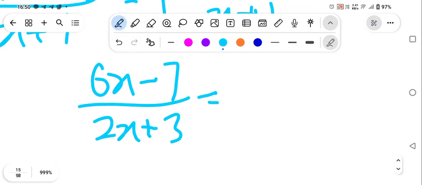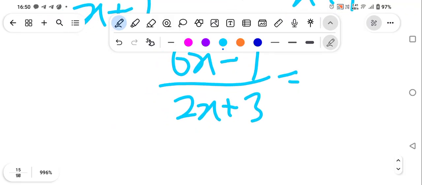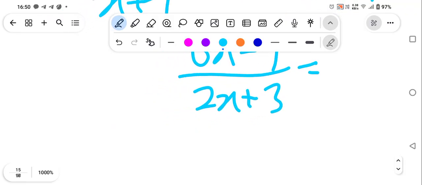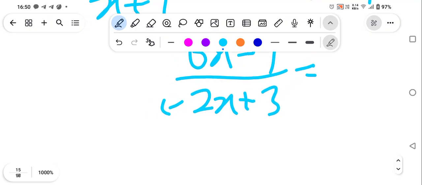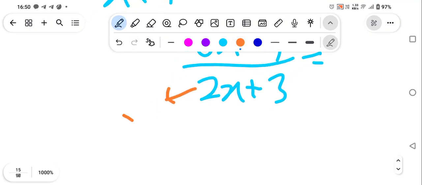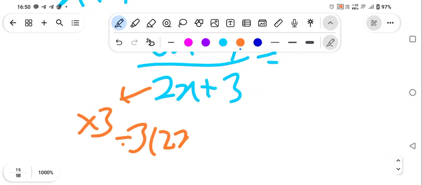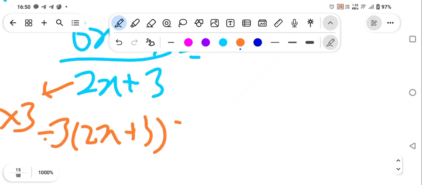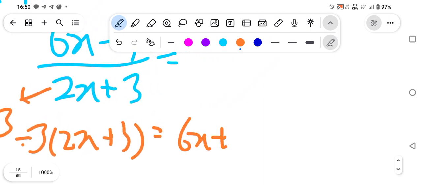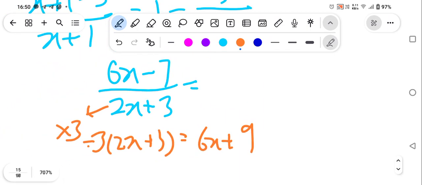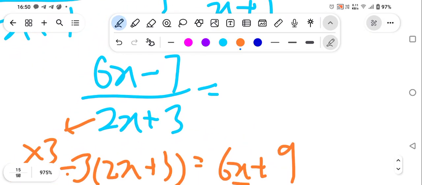If we multiply the bottom part by 3, we will get 3 times 2x plus 3, which is equal to 6x plus 9, right? So the 6x and 6x match, but this doesn't.